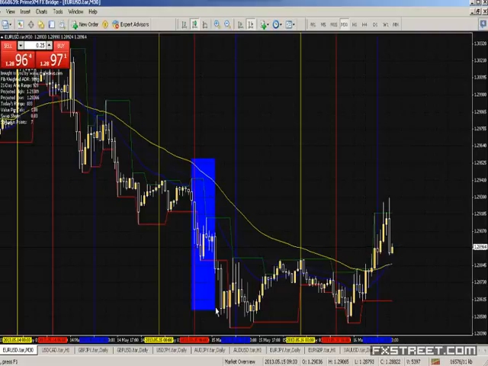Normally I look at the window from 0600 to 10 GMT as a time where much of the trend gets established. Now, it's not a perfect system.